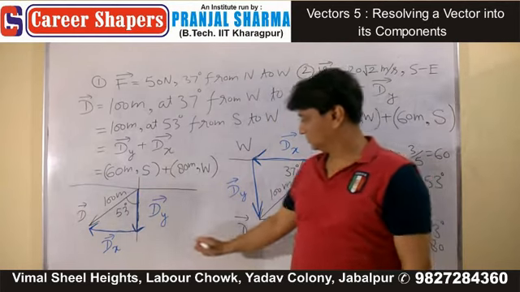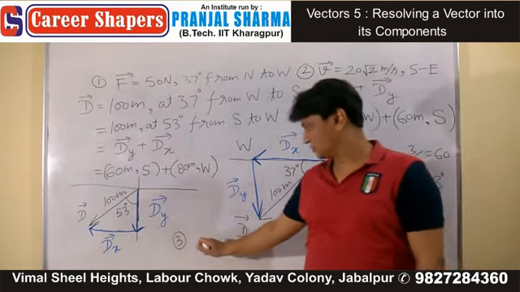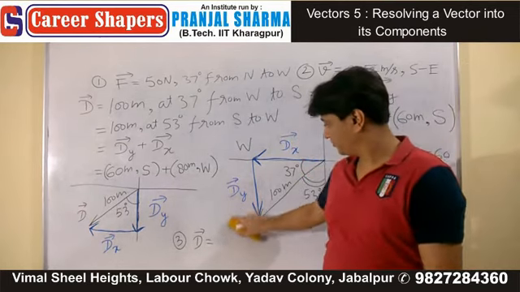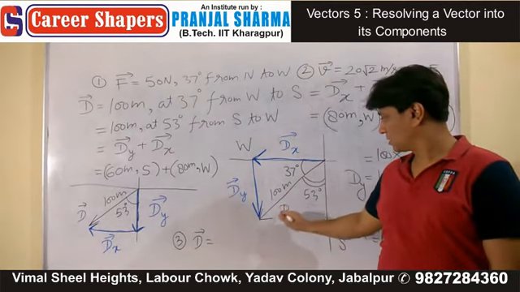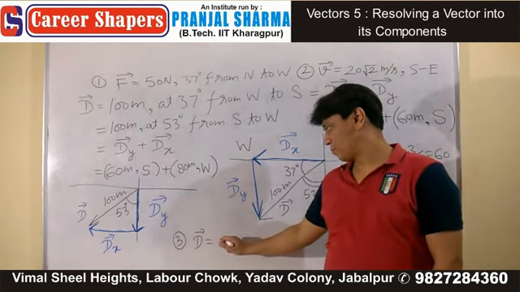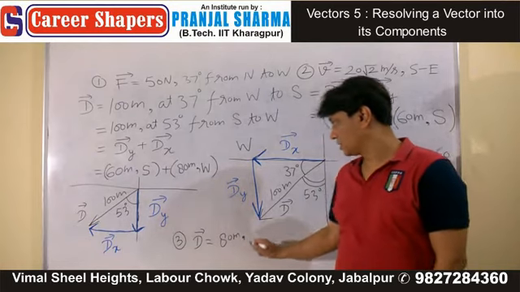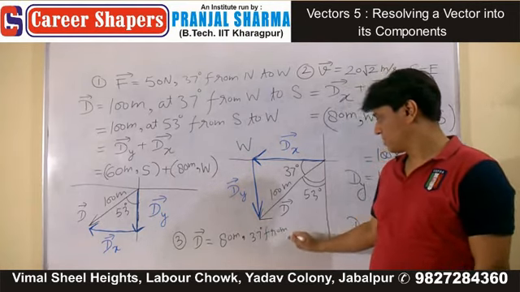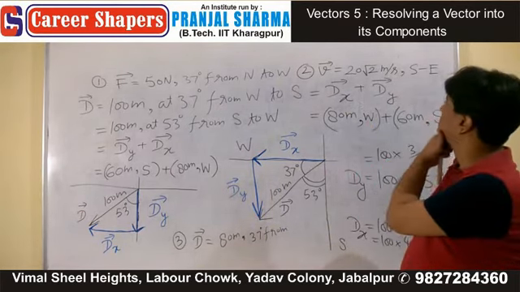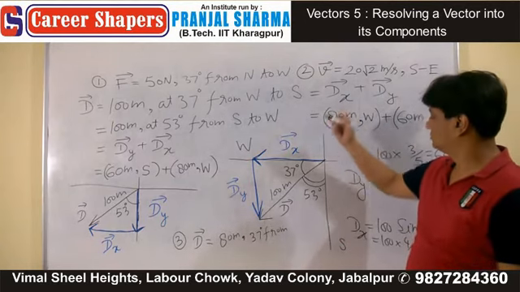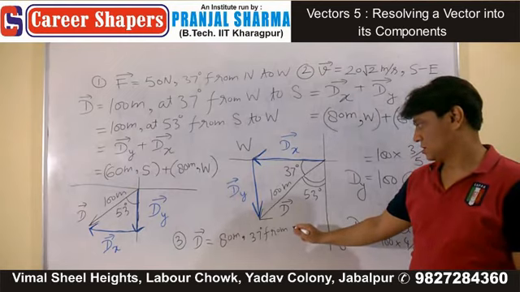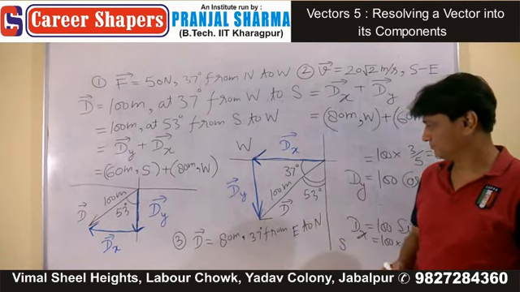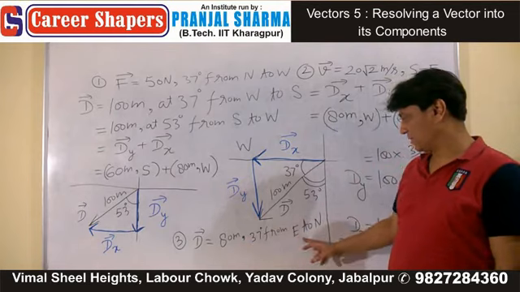Third, the displacement of 80 meters, 37 degrees from east to north. 80 meters, 37 degrees from east to north.